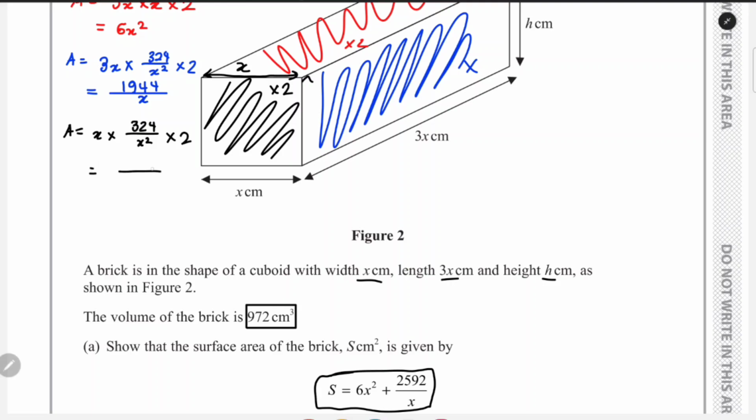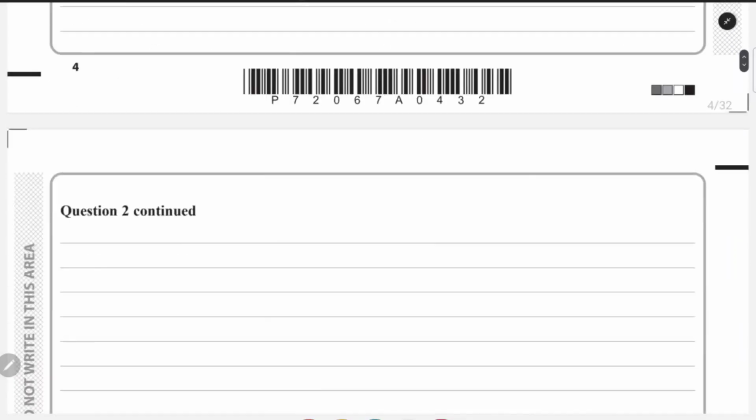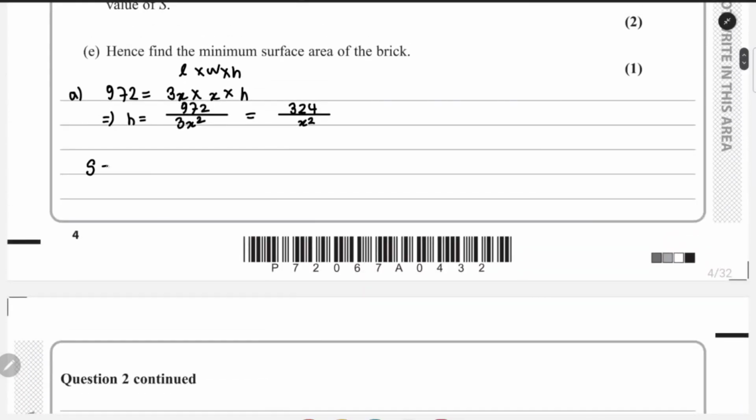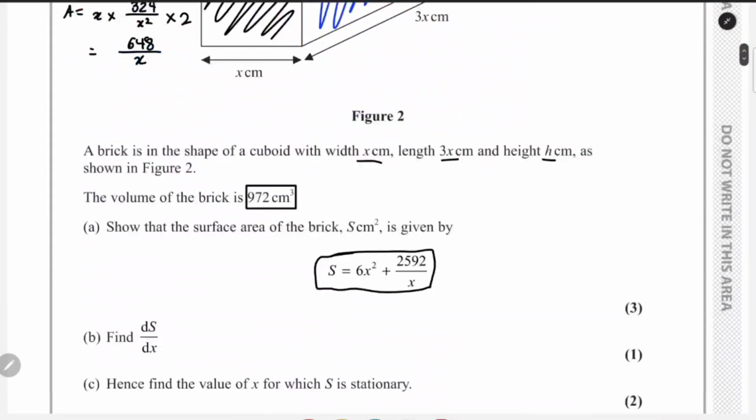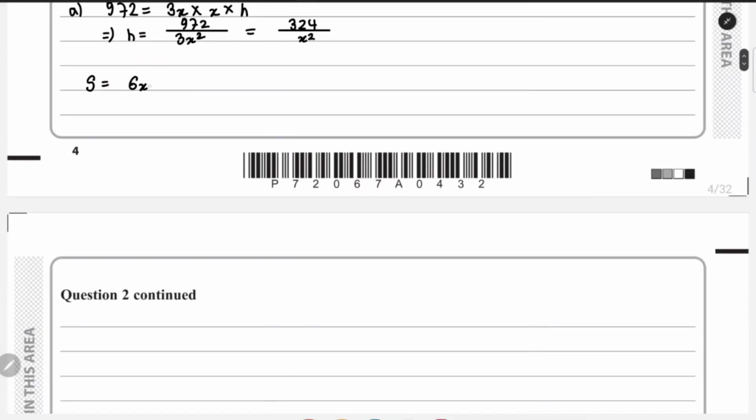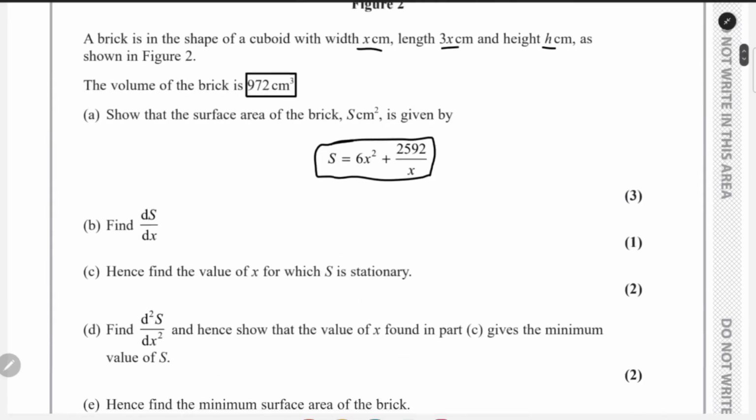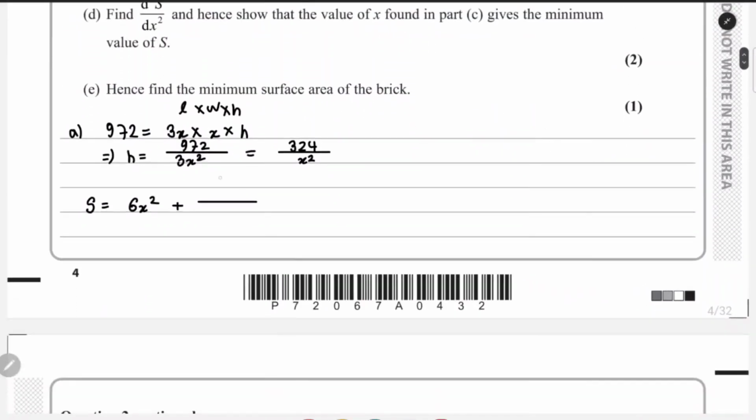So 648 by x. So the surface area S would be the sum of these 3 areas, so 6x square plus 1944 by x plus 648 by x.